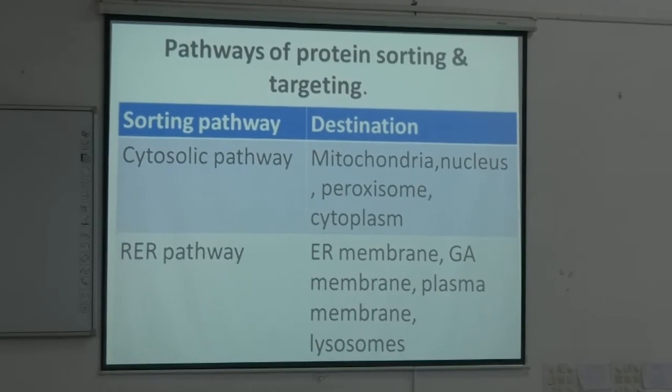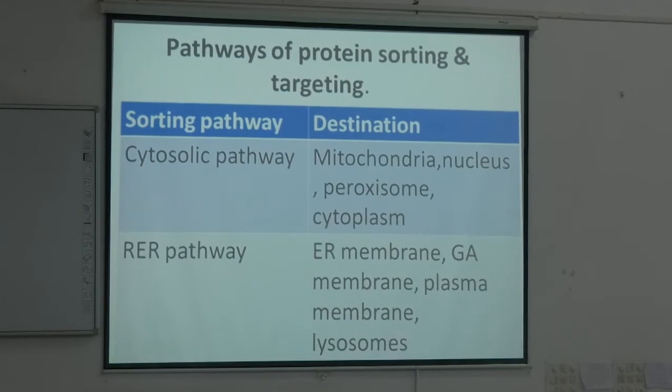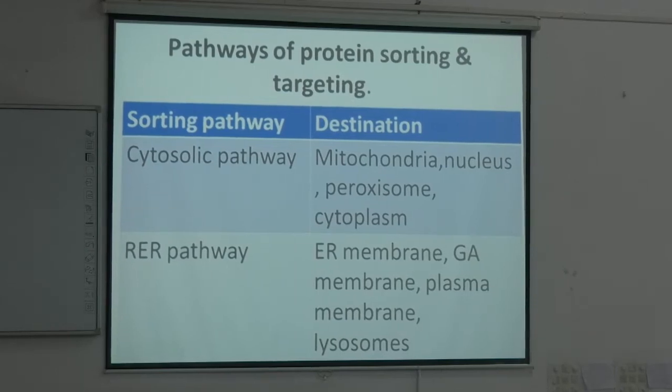The targets are mitochondria, nucleus, peroxisome and cytoplasm. For the rough endoplasmic reticulum pathway, the targets are the endoplasmic reticulum membrane, Golgi apparatus membrane, plasma membrane and lysosome.